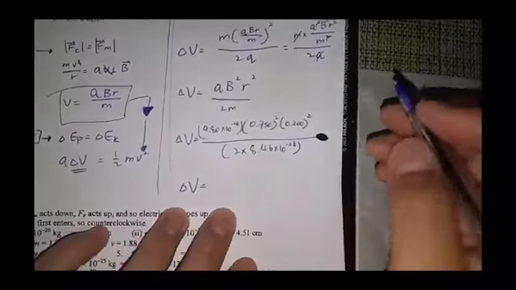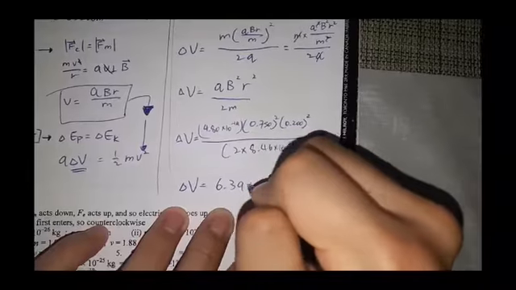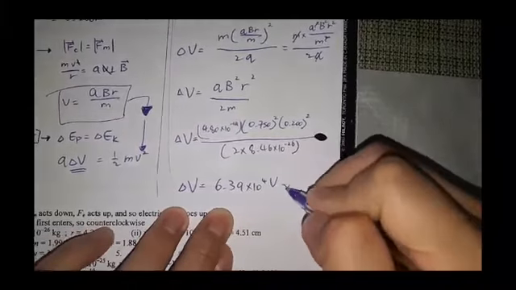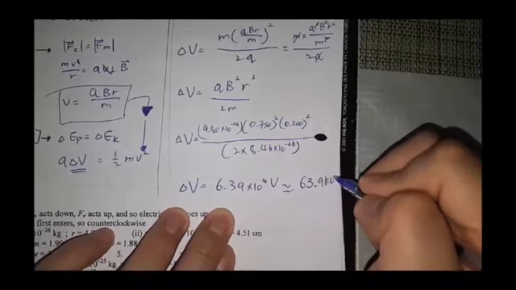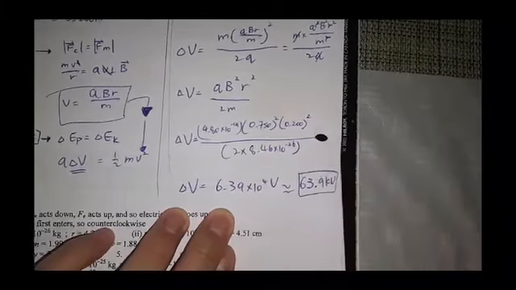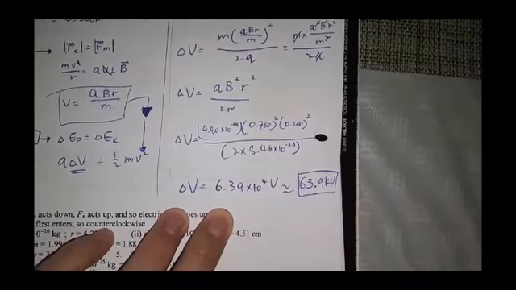Then delta V turned out to be 6.39 times 10 to the power 4 volts, or 63.9 kilovolts. That is today's lesson.